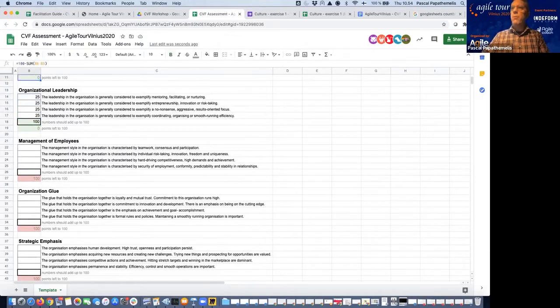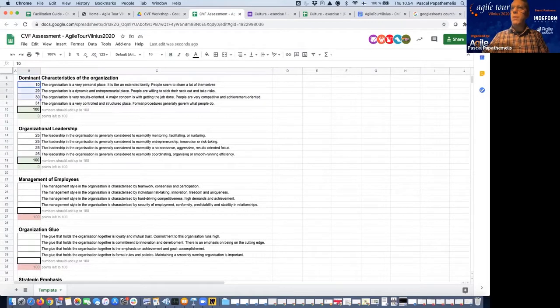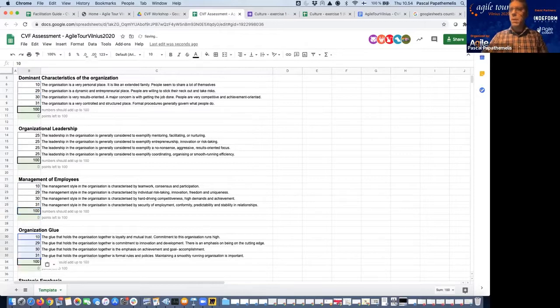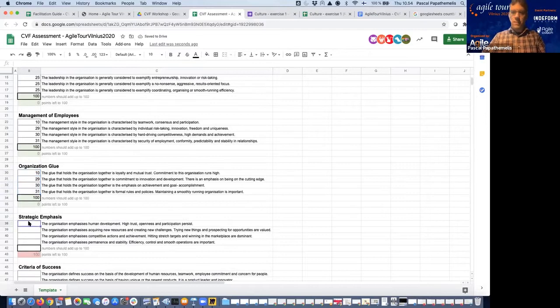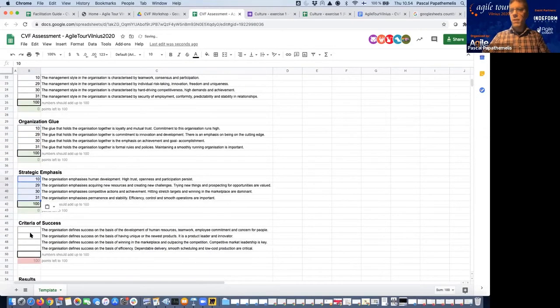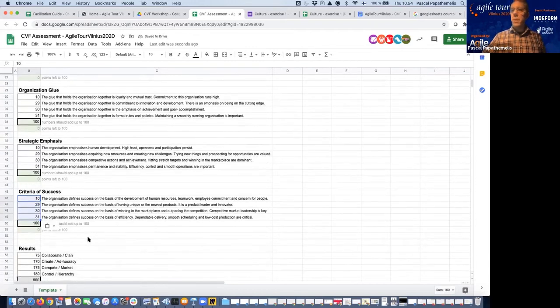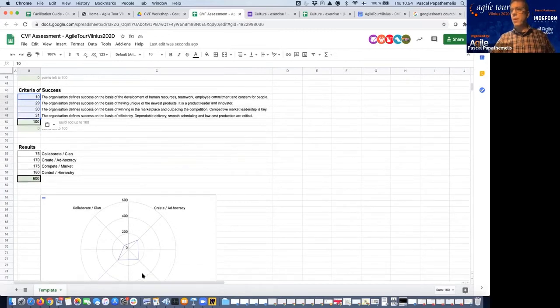If I copy the previous one, then we get some different values. If you have done that for every group, there are 6 of them, so you need to divide 600 points. At the end, there will be a summary. Those are summarized based on the different categories. And then there will be a graph drawn here.